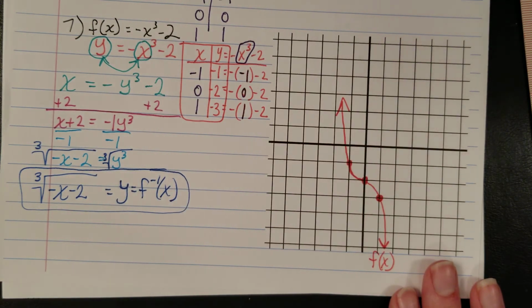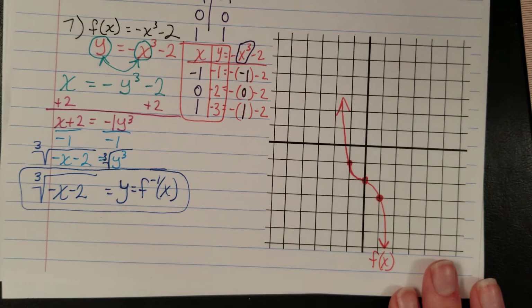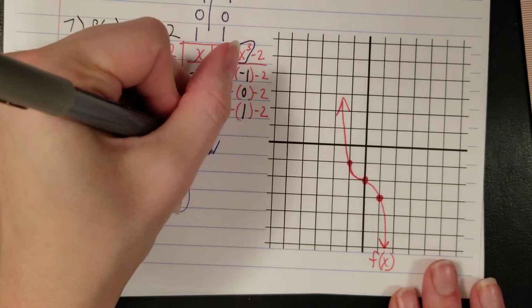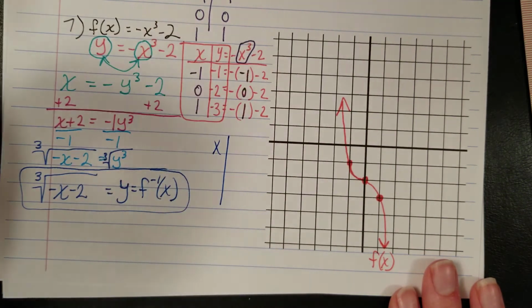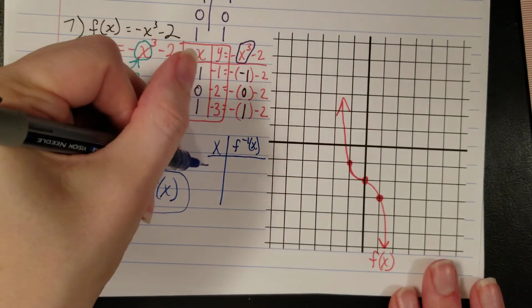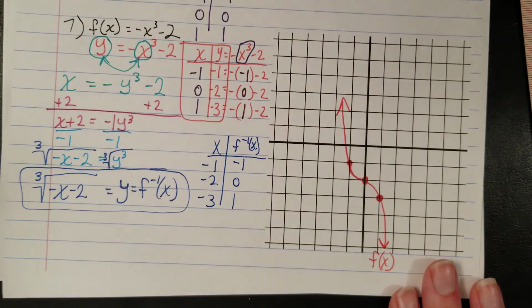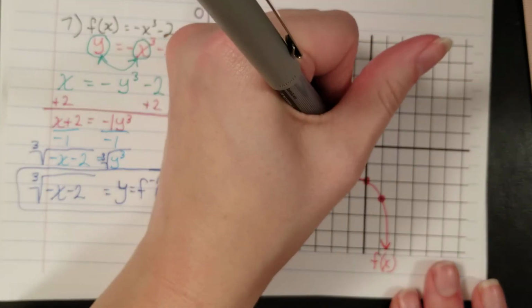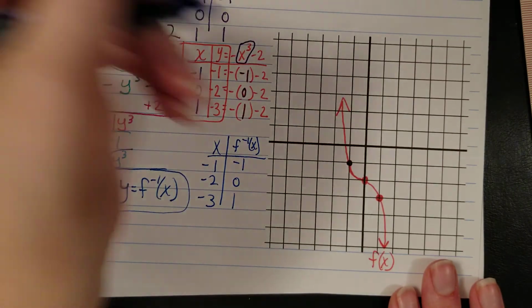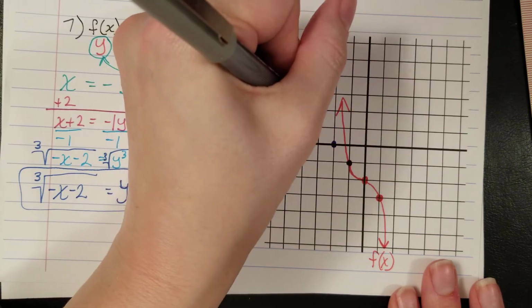Then for this one, now all we have to do is just switch those. So for the f inverse, just switch the columns. So again, (-1, -1), (-2, 0), and (-3, 1).